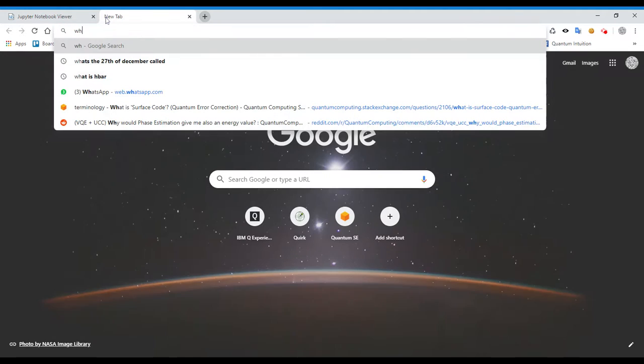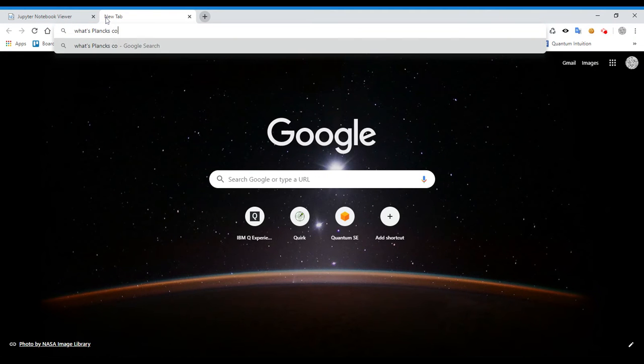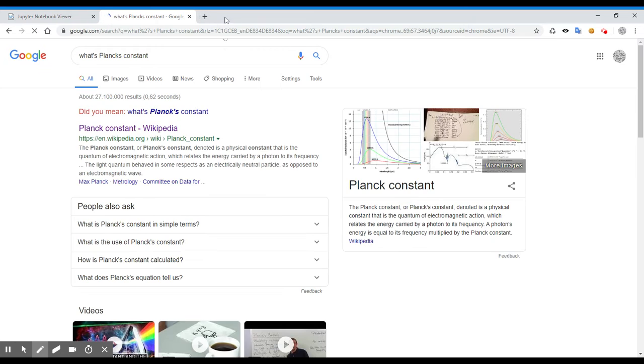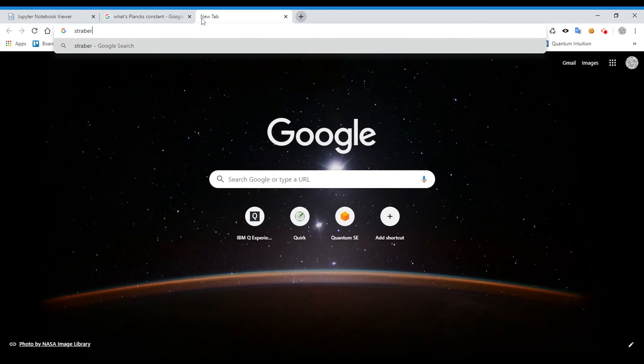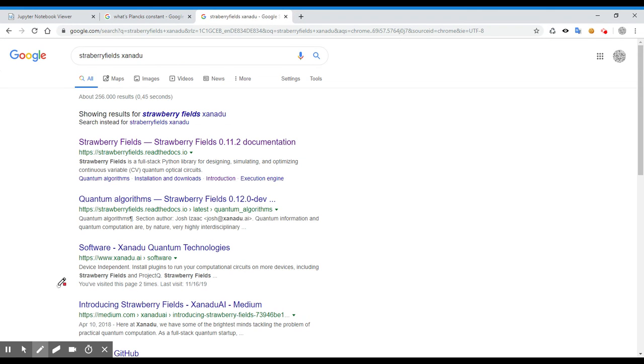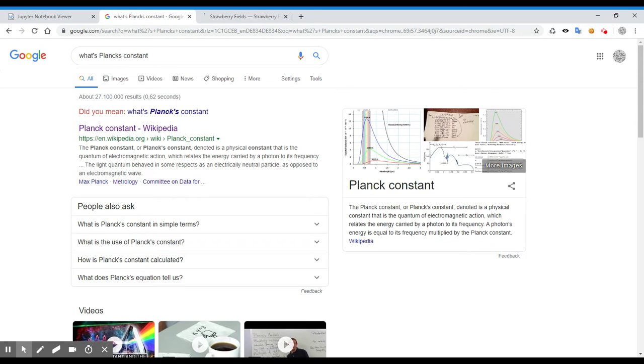What's Planck's constant? In Strawberry Fields, Xanadu: that is the quantum of electromagnetic action which relates the energy carried by a photon to its frequency.